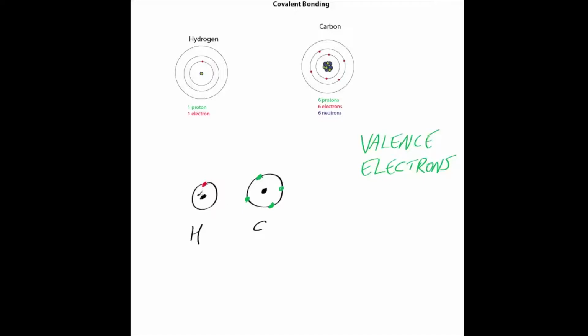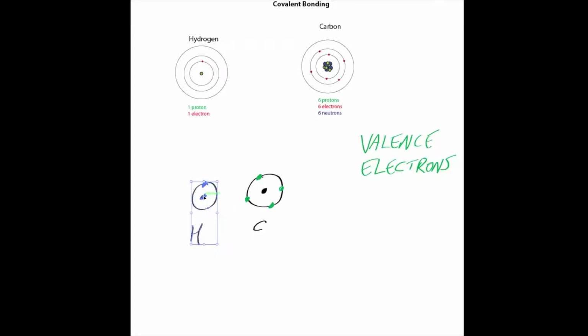Now in the case of hydrogen, it can only share with one more atom because it's only got 1 electron to fill up. So in the 1s orbital here, this first shell, it only needs an extra electron, so it only needs to form 1 more bond.